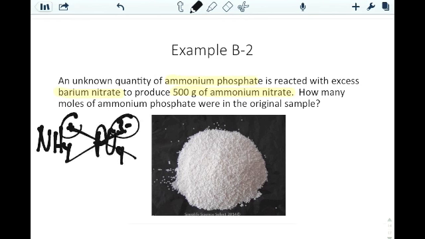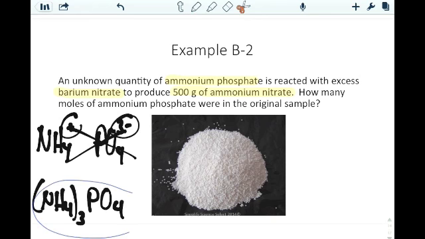We crisscross and we get (NH4)3PO4, and that's our first reactant.